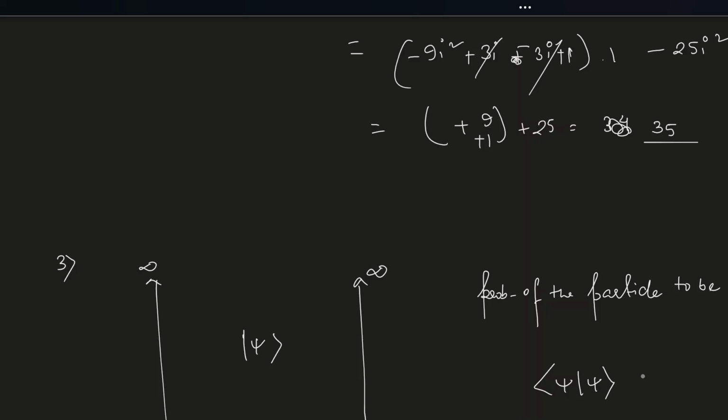Now we have to take it in an integral form: this is the integral of psi star psi dx for x from a/4 to 3a/4.